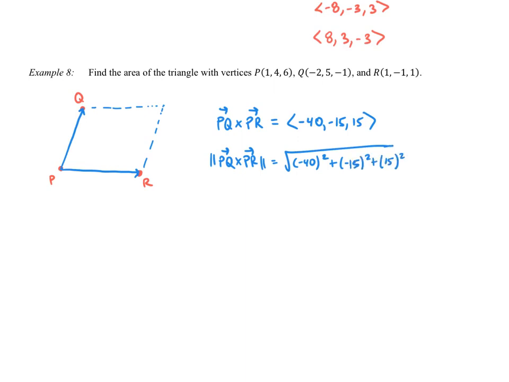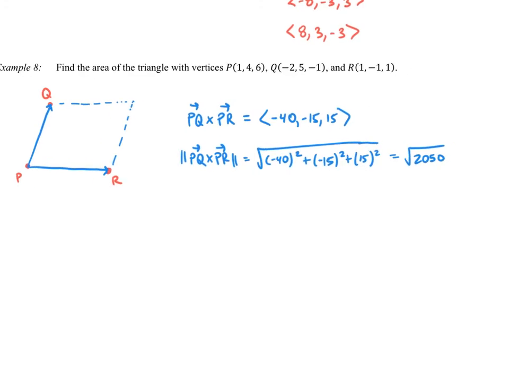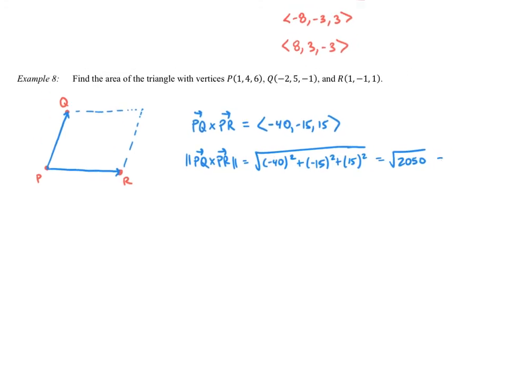But again, I'm not going to expect anybody to do that in their head. So this is the square root of 2050. That can actually be reduced a little bit to 5 root 82. Okay, now what is that? Well, that is going to be the area of the parallelogram.